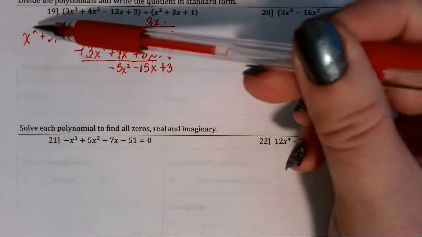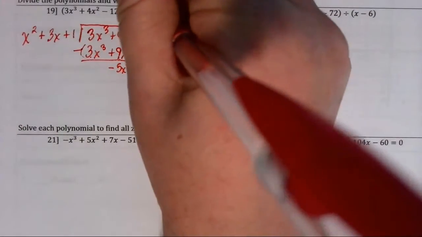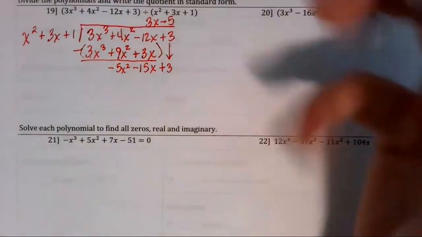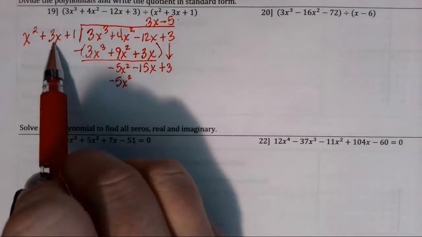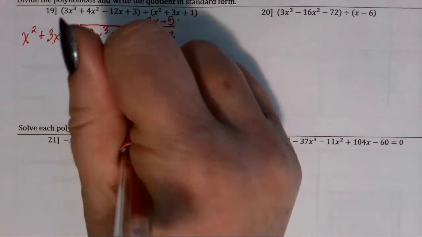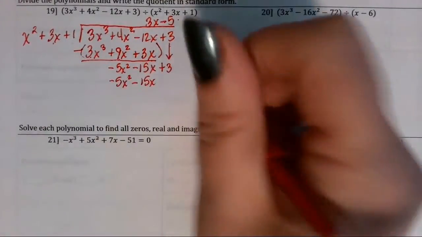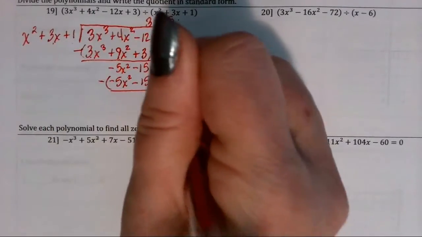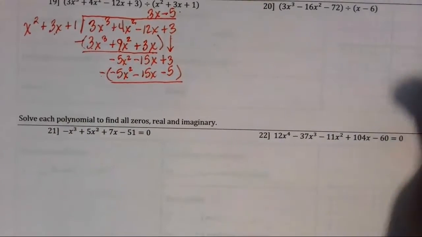So what do we multiply times x squared to get negative 5x squared would be a negative 5. Then we multiply. Negative 5 times x squared is negative 5x squared. Negative 5 times 3x is a negative 15x. And negative 5 times 1 is negative 5. And we draw a line, change our sign, and remember to distribute that negative when we combine like terms.